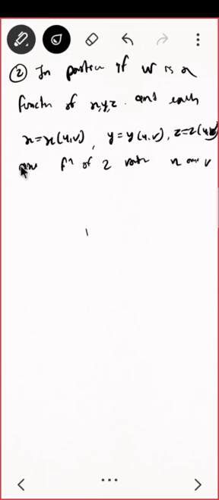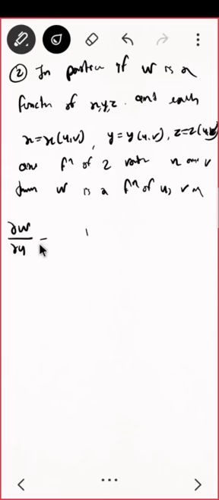Then w is a function of u and v, and what will dou w by dou u be? Tell me.